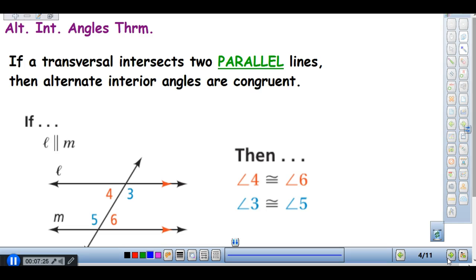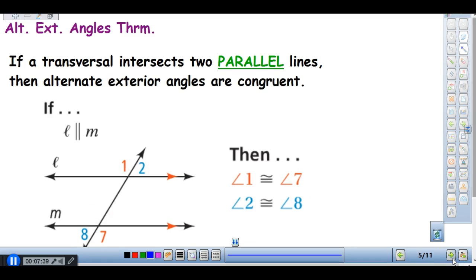Something else that you need to know. So now we know corresponding angles are congruent. And what else have we learned so far today? Alternate interior angles are congruent. We also can say that alternate exterior angles are congruent.